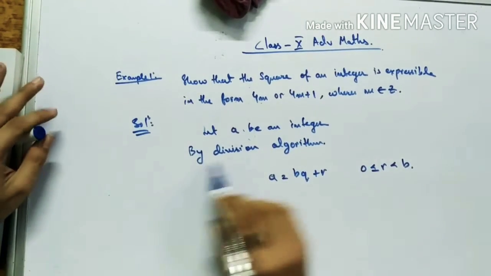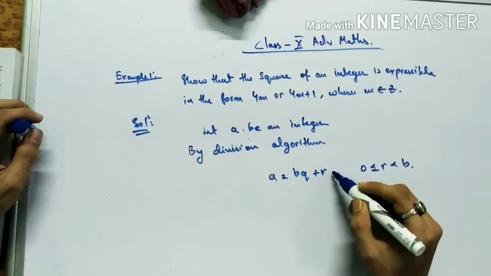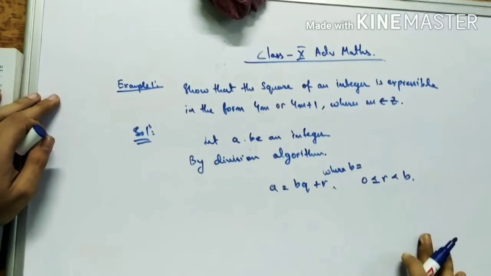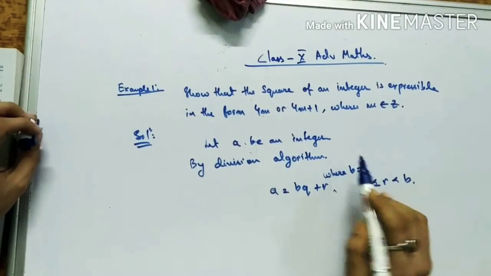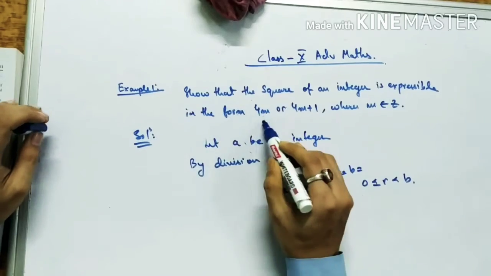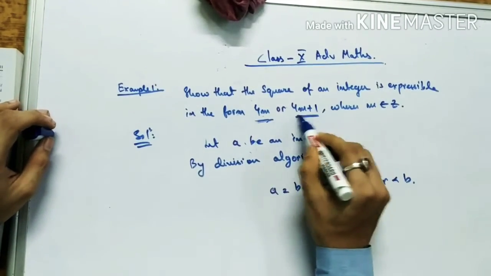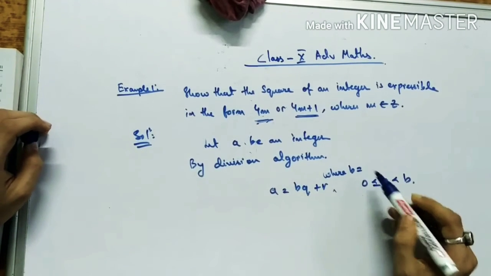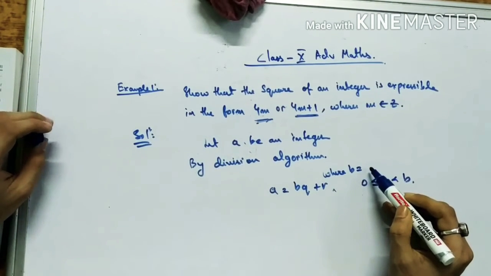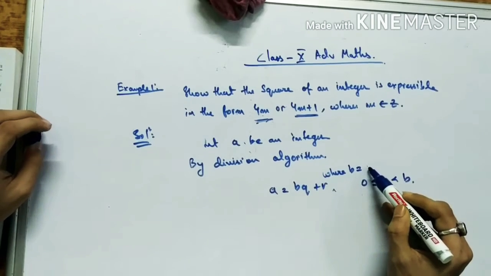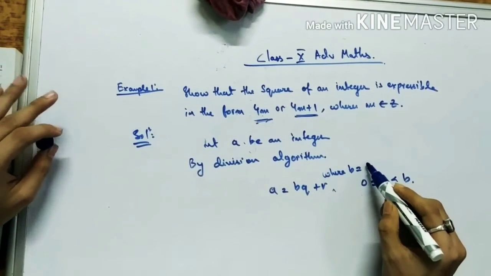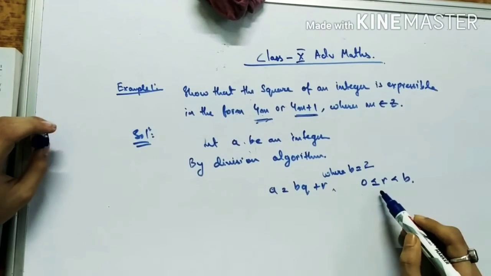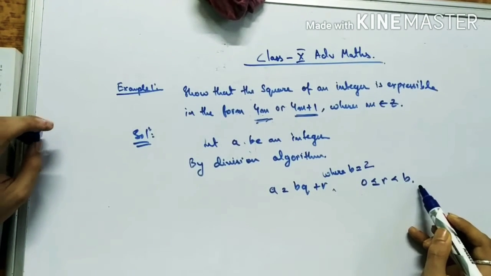By division algorithm, a is equal to bq plus r, and one thing I will write: where b is equal to, I have to express it in the form of 4m and 4m plus 1. So b value I can take 4, but I will take b equal to 2, and r is greater than or equal to 0 and less than b.